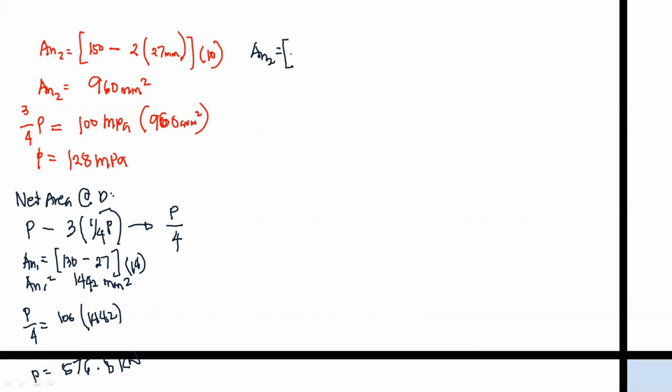Okay, how about the second plate? So we have 150, 1 rivet times 10. And this is 1,230 according to the previous computation, with 1 bolt. And it will give us P/4.